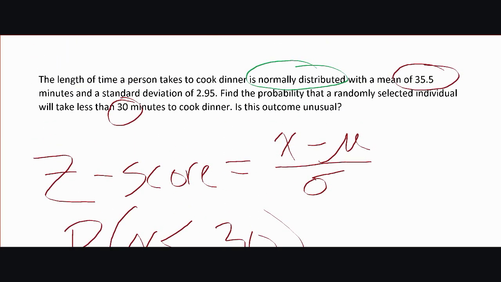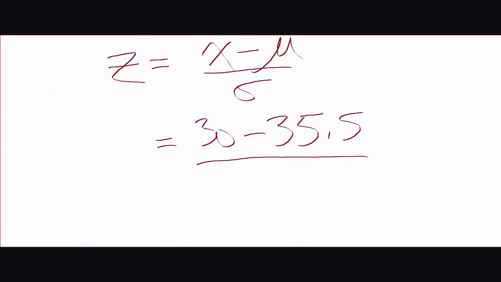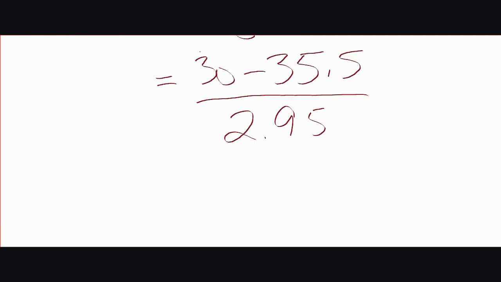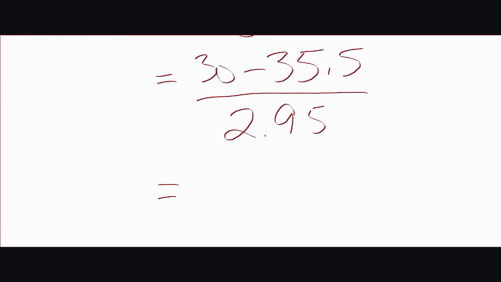And our standard deviation was 2.95. Important thing to notice here, every bit of information that we need is in the problem statement itself. So we're going to divide all this by 2.95. And this comes out to, with some rounding, negative 1.86. Negative 1.86. That is our z-score.